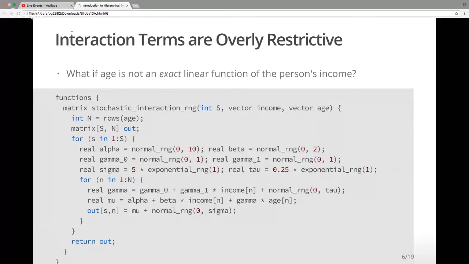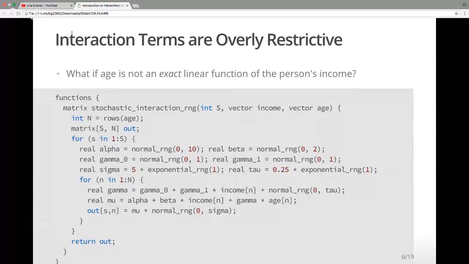So when we loop over observations, we create the gamma for person N as gamma 0 plus gamma 1 times the income of the nth person, plus a random normal error in the coefficient for age that is centered at 0 but has standard deviation tau.